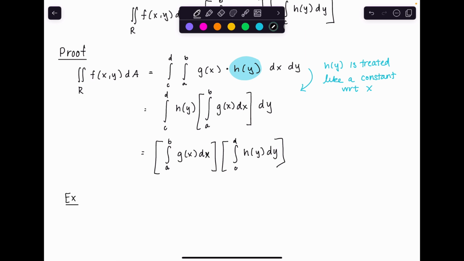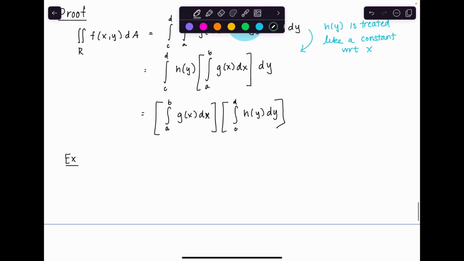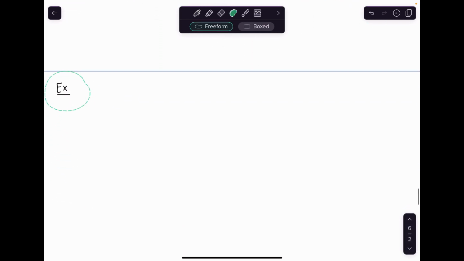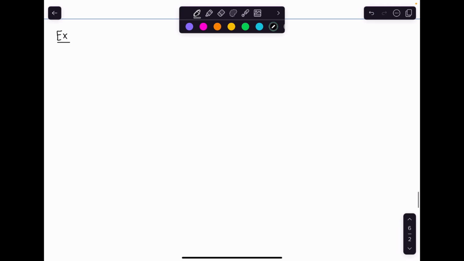So I got one more example. And let's actually move this onto a new page so I don't have that line in the way. Let's evaluate the integral from 0 to 1, from 0 to 3 of e to the x plus 3y dx dy.